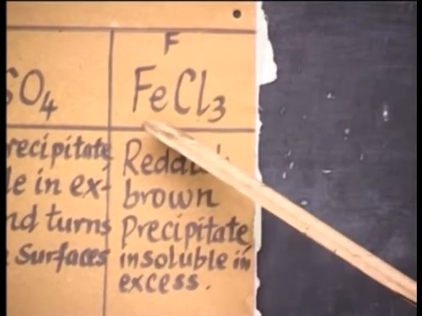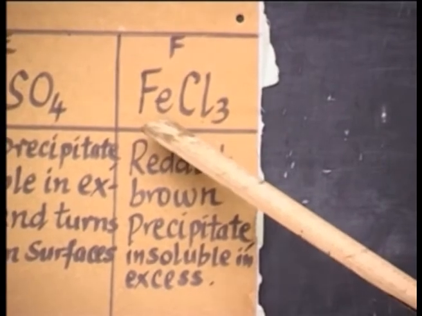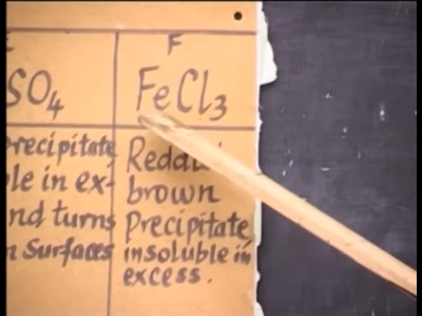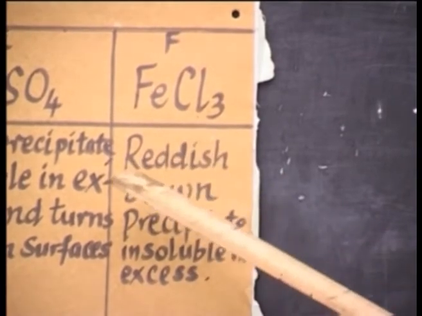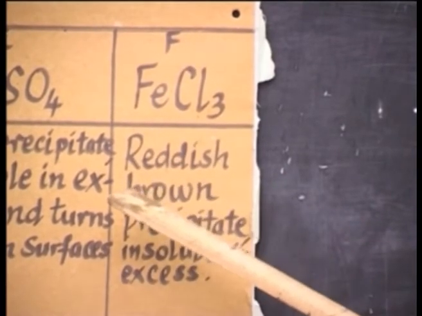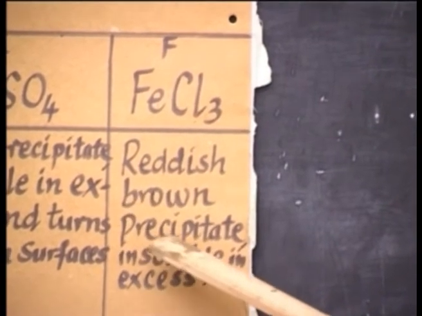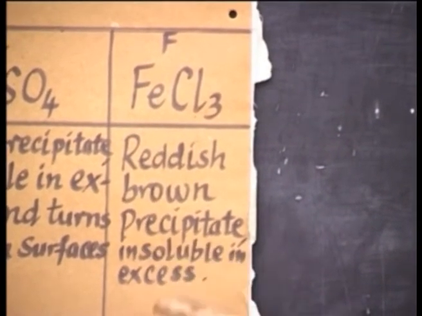In addition of sodium hydroxide solution to iron 3 chloride solution, there is a formation of reddish brown precipitate insoluble in excess.